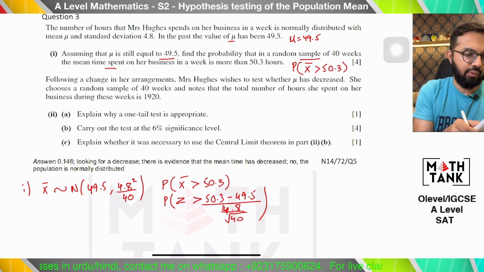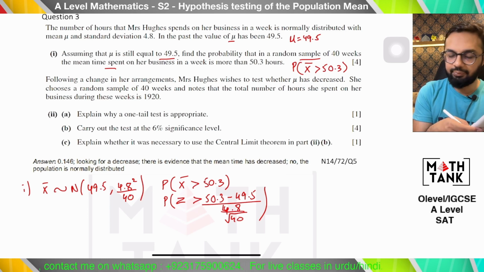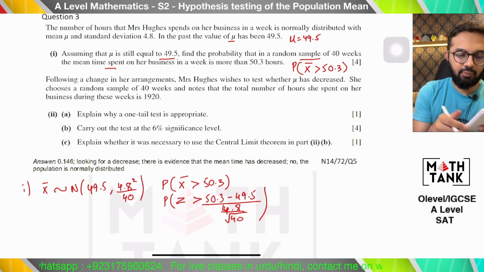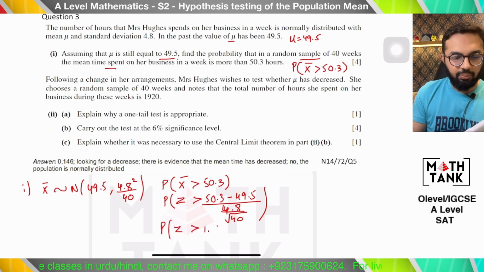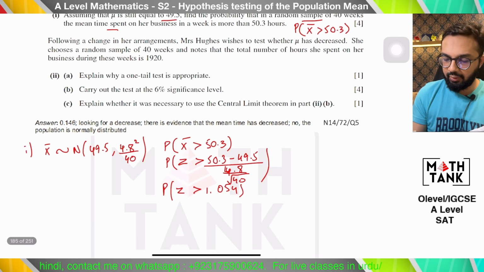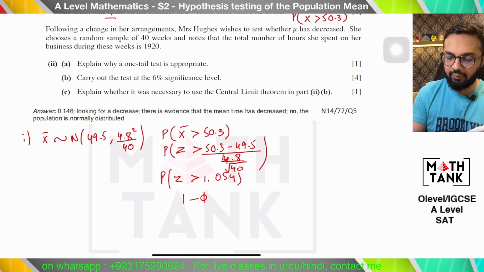I'm getting probability of Z greater than 1.054. So that gives me 1 minus the probability for 1.054.